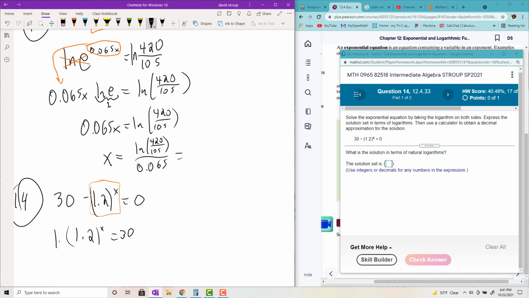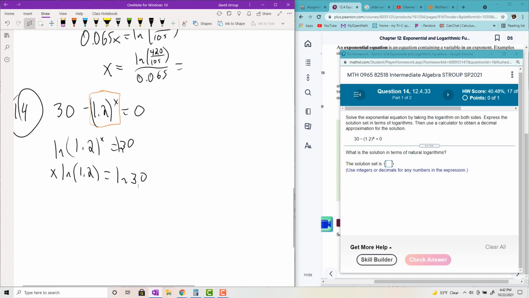Then you could do ln's on both sides. On the left, you could bring down the x, but the ln of 1.2 is not going to go away. It's not like ln of e where it's just equal to 1, so you have to keep it. Then you divide both sides by that number.